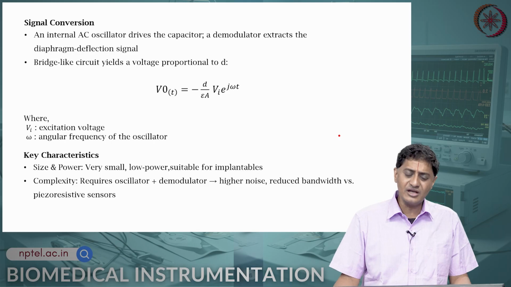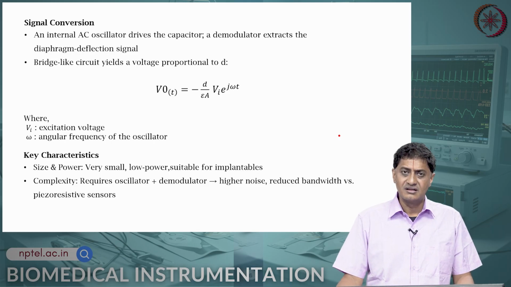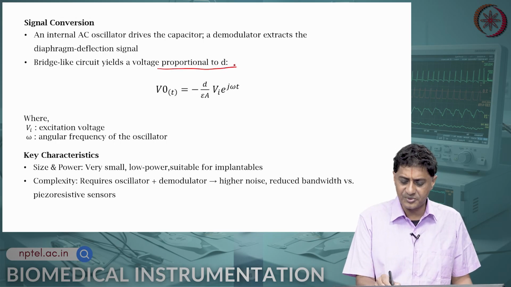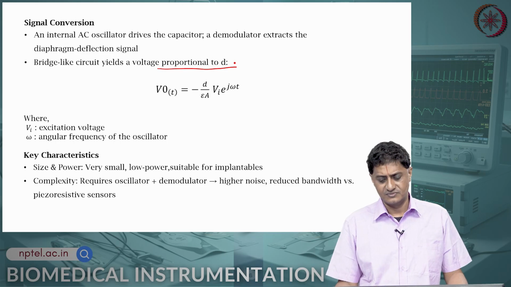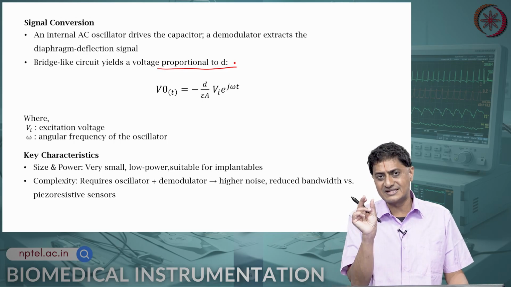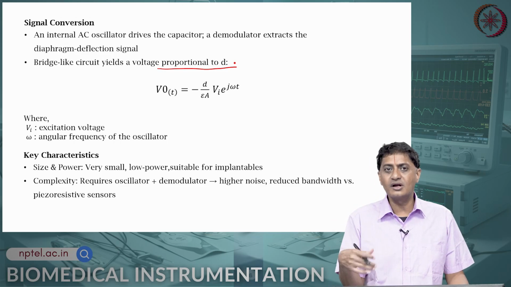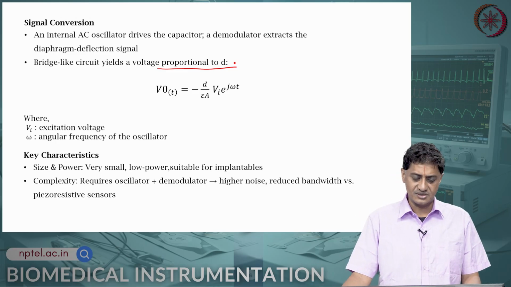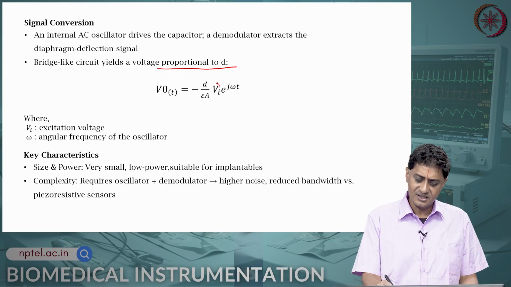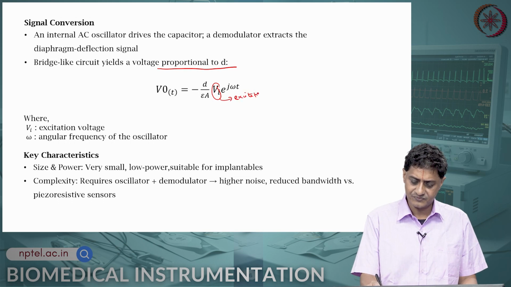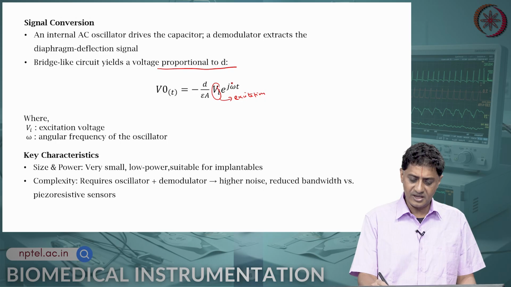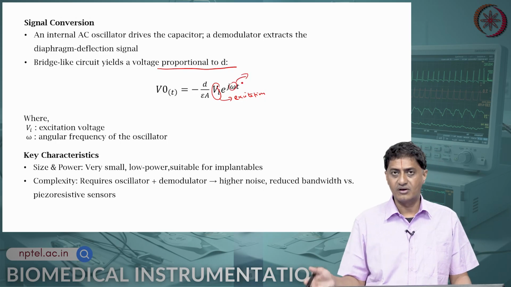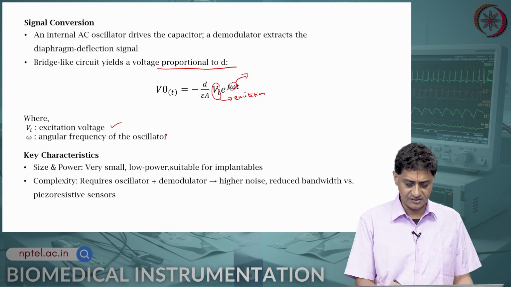So, the time varying output signal will change according to the changes in the distance, which means according to the changes in the pressure. In this, Vi is the input voltage or the excitation voltage, and omega is the angular velocity of the oscillator. We have given these two things here.